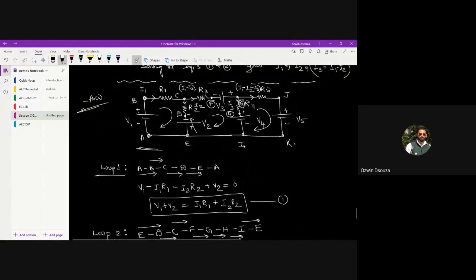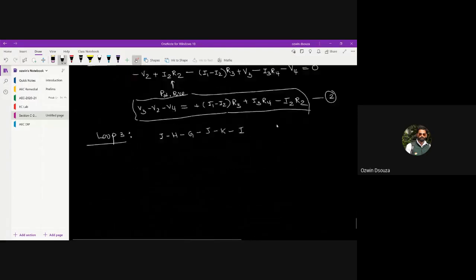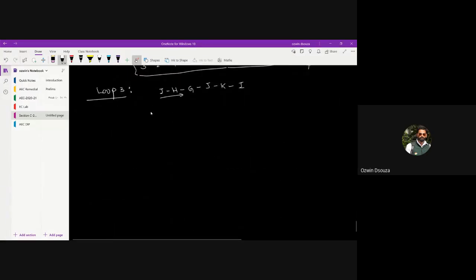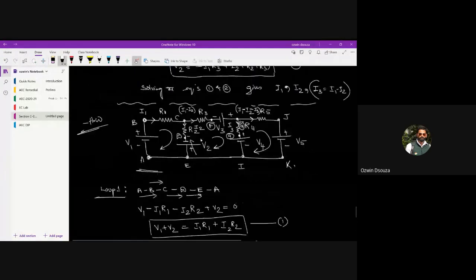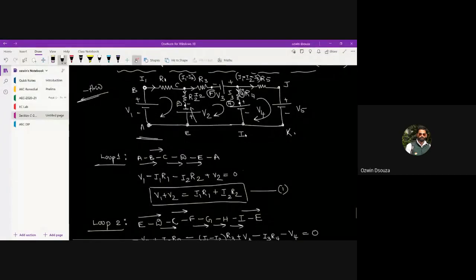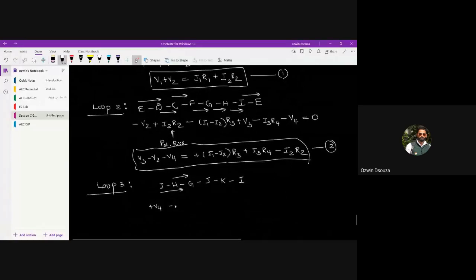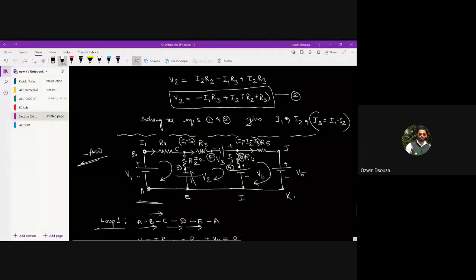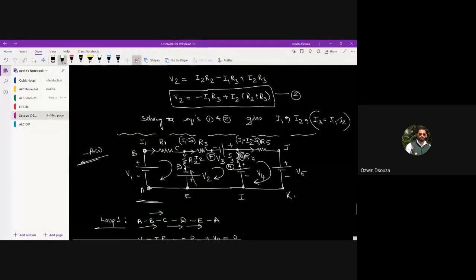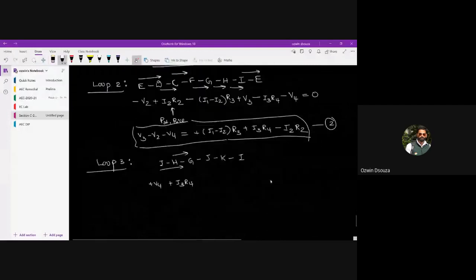When I move from I to J, I get plus V4. Then I move from H to G, so opposite direction, hence potential rise. So it is plus I3 into R4. And then I move from G to J, so in the same direction.